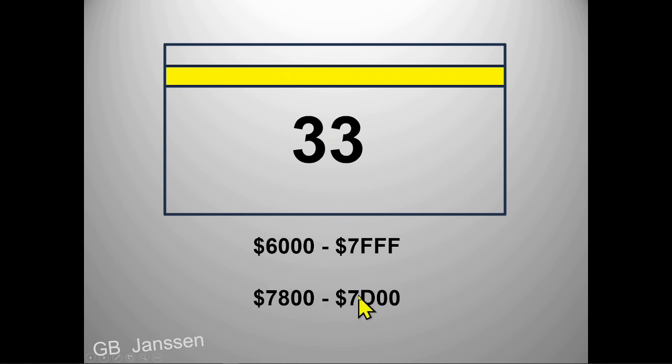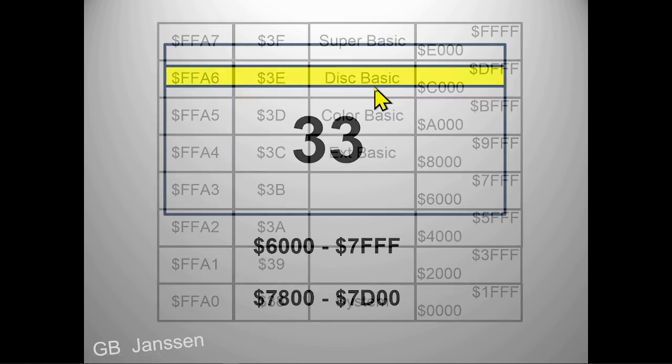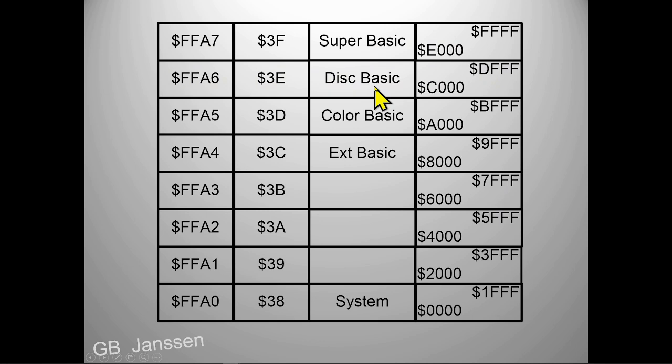And at 7800, this is not to scale, but this bottom line here is where BASIC ends, what it thinks it's doing. No, it knows what it's doing. It ends at 7800. And we told the display it ends at 7D00, which is the upper line. So this yellow band inside our block 33 is where we're going to be displaying our little horizontal boxes on the screen.